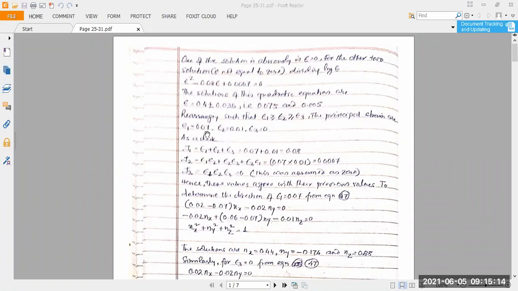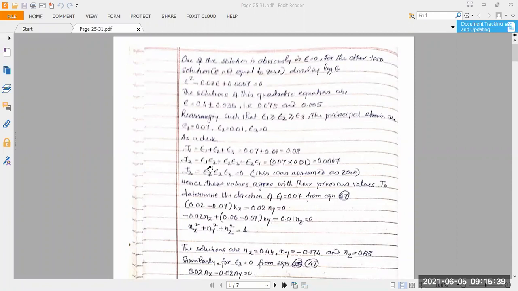So epsilon 1 is 0.07, epsilon 2 is 0.01, and epsilon 3 is 0. And as a check, what we are supposed to do: J1 equals epsilon 1 plus epsilon 2 plus epsilon 3, which is 0.07 plus 0.01, that is 0.08. We put this value here, and it will be equal to 0.08 itself.